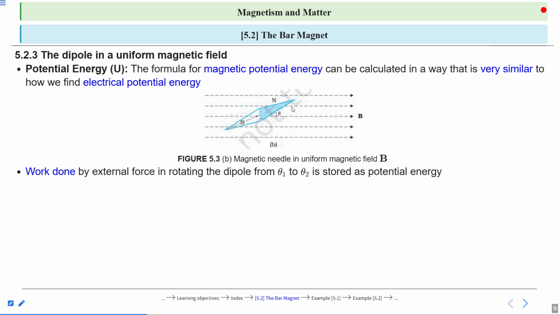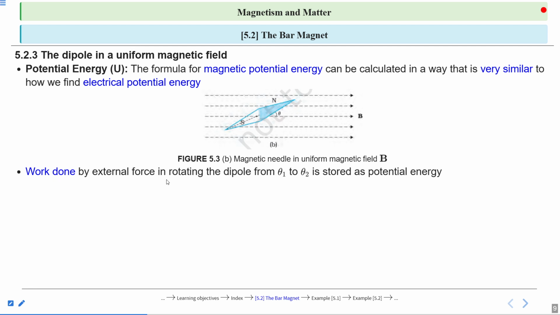We are going to rotate it, so we have to do some work. If we rotate this magnetic needle against the magnetic field, we have to do some work. That work is stored in the form of potential energy of this magnetic needle placed in the magnetic field.